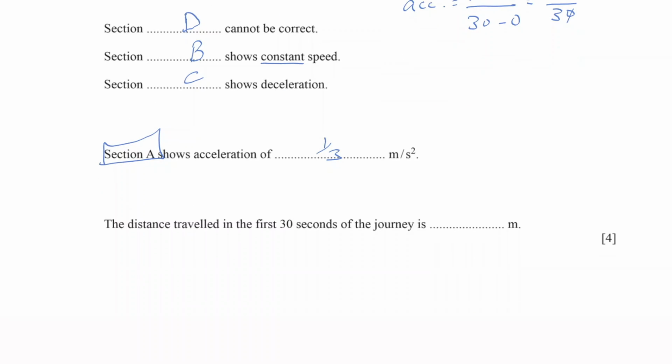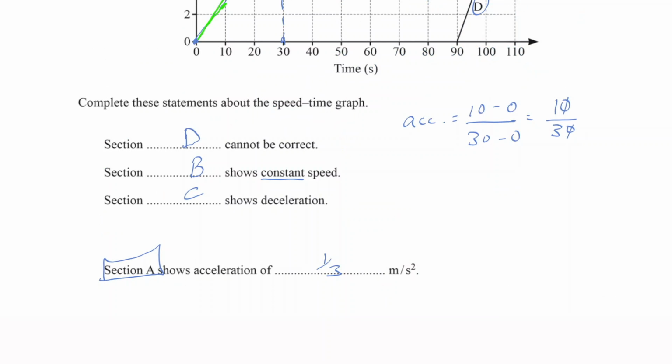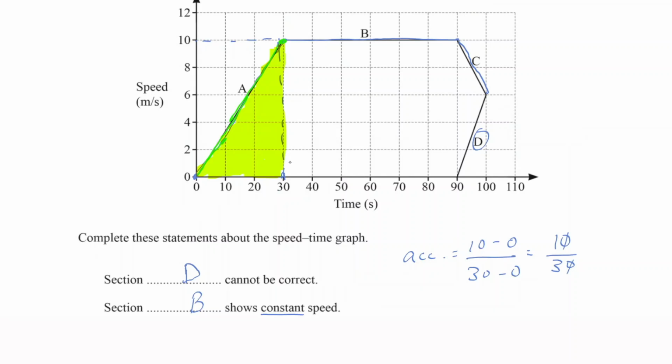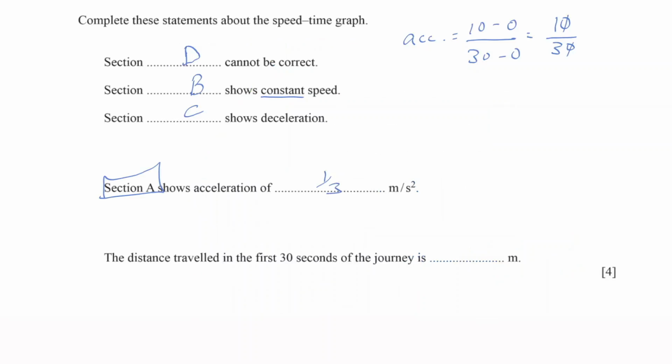Okay, the distance traveled in the first 30 seconds of the journey is how much? So you should know that to calculate the distance, this is the first 30 seconds, this much. To calculate the distance, we have to find the area under the graph. So the area under the graph is clearly a right angle triangle, and we can easily find the area using the formula half into base into height.